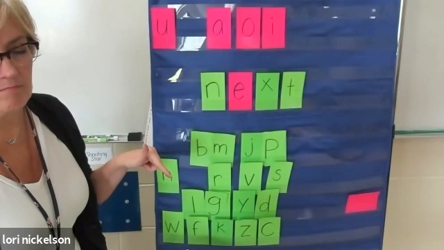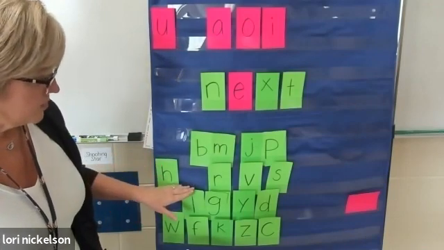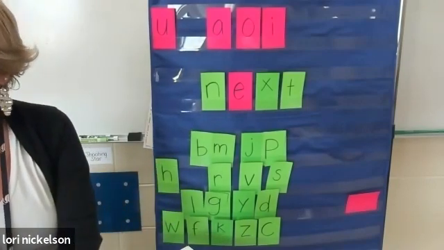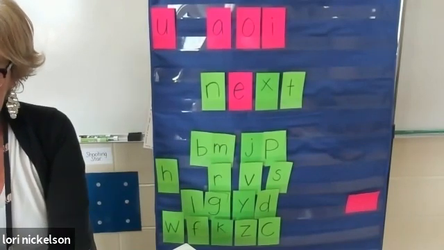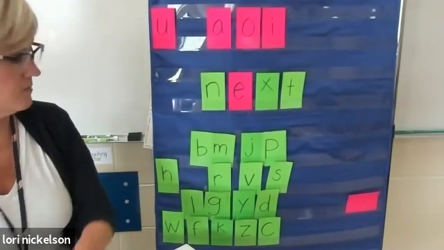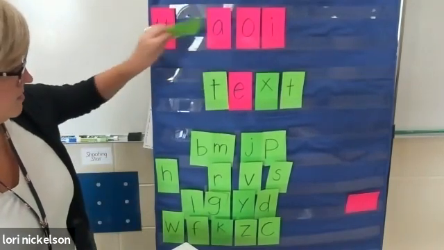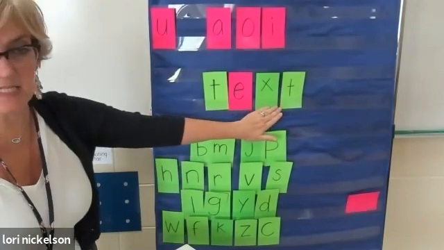So if I can spell the word next, how do I get to the word text? I would need to replace it with another T, wouldn't I? So hold on a second here. All right, so let's replace that N with a T. So now I have the word text.